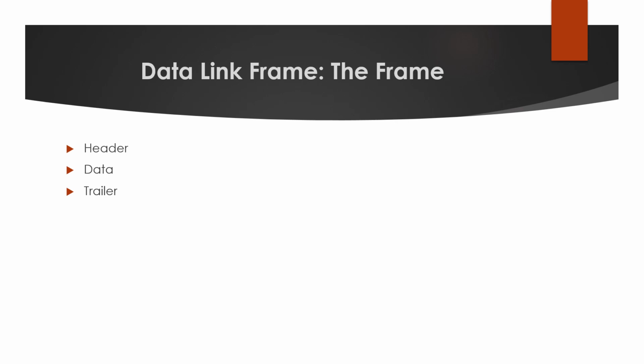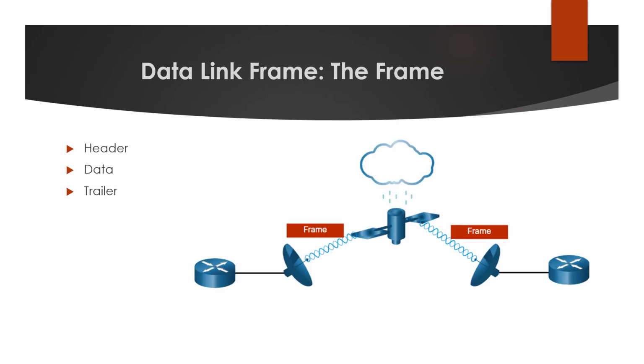Depending on the environment, the amount of control information needed in the frame varies to match the access control requirements of media and logical topology. As shown in the figure, in a fragile environment, more controls are needed to ensure the delivery. The header and trailer fields are larger as more control information is needed.